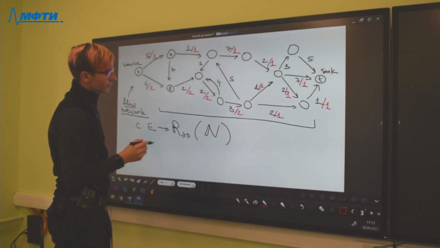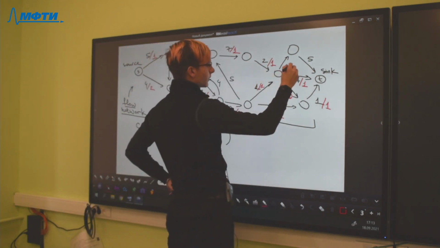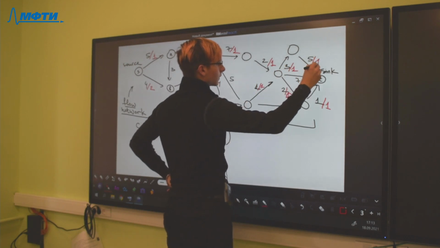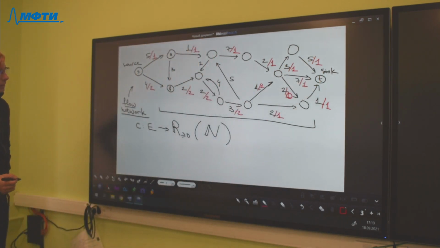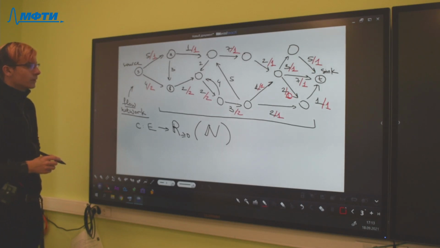Oh no, we need to explain this. Red numbers are equal to the flow of the edges.